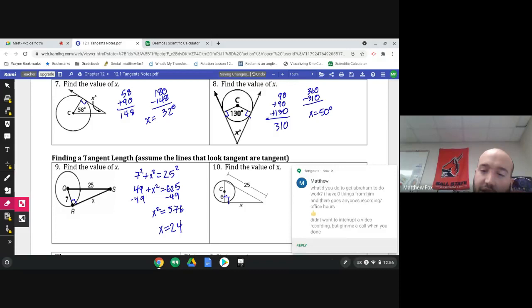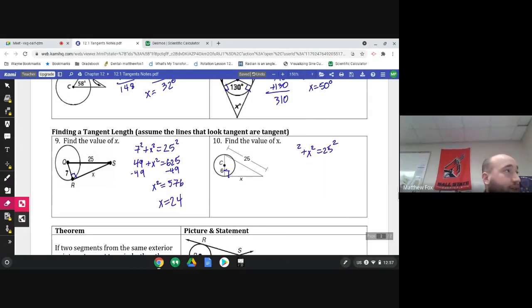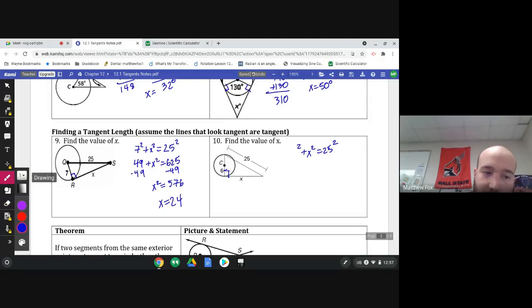So if we think about it then, over here we will have a 12 squared. So that'll be 144 plus x squared equals 625.